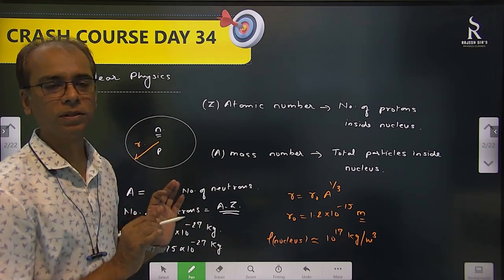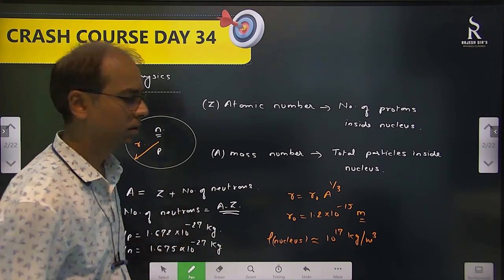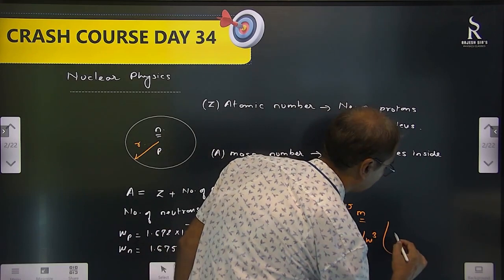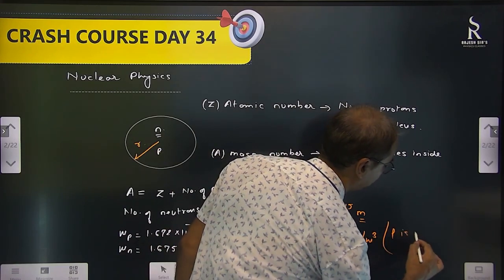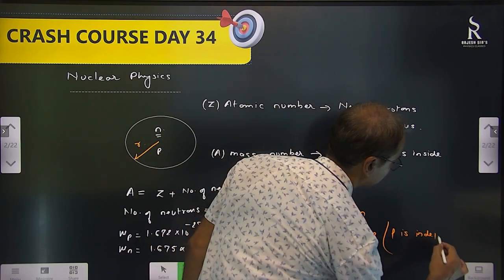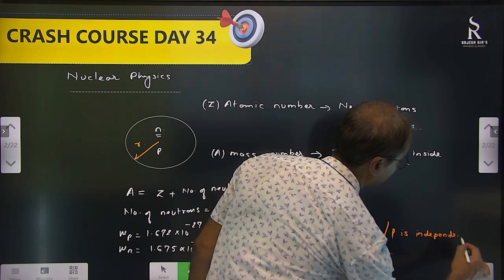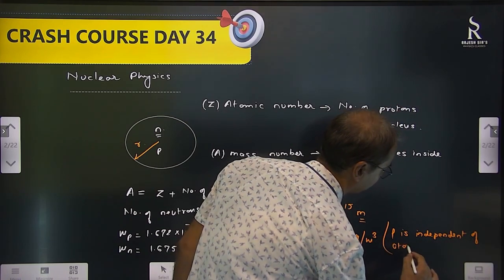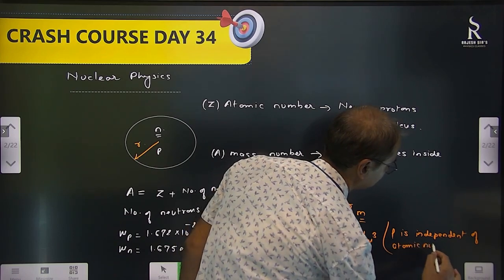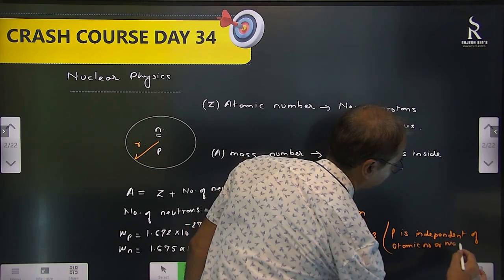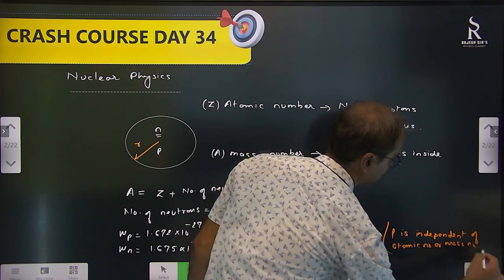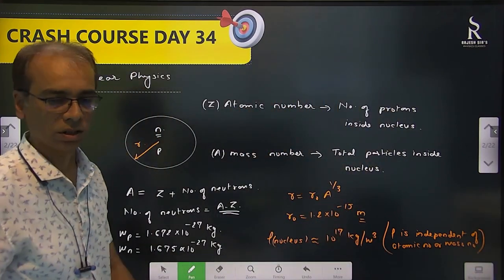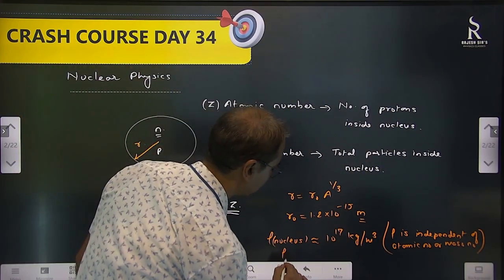For all the elements, density of the nucleus is constant. Rho is independent of atomic number or mass number, which means density is constant.